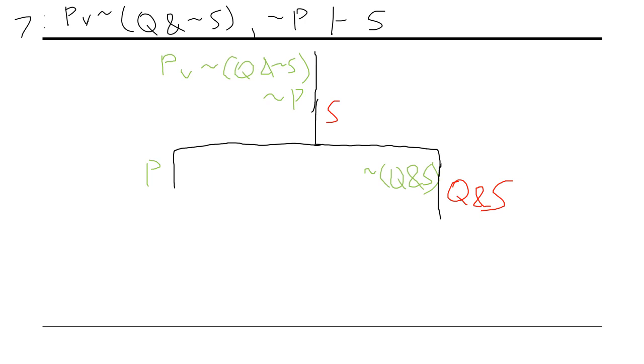Now we gotta say what makes an ampersand false is if one of them is false, so Q, S. So that breaks down our first premise. Now we just need to break down our second premise.